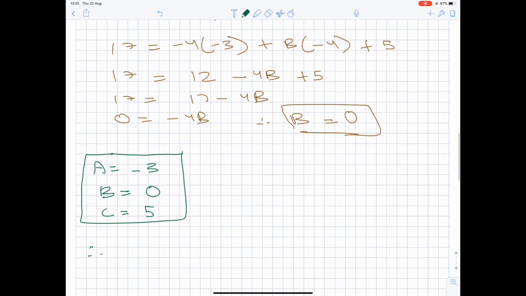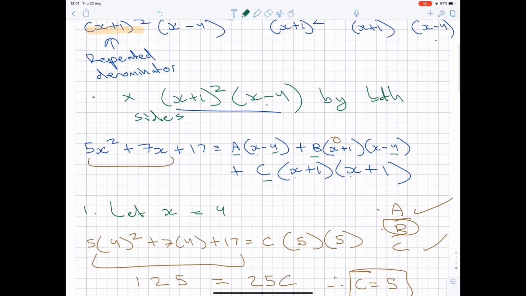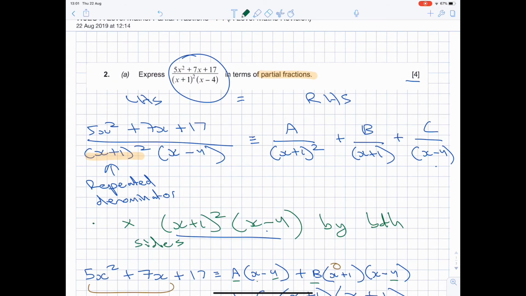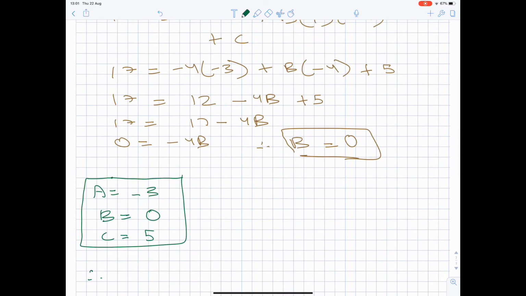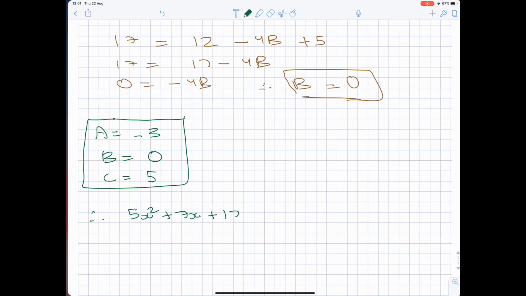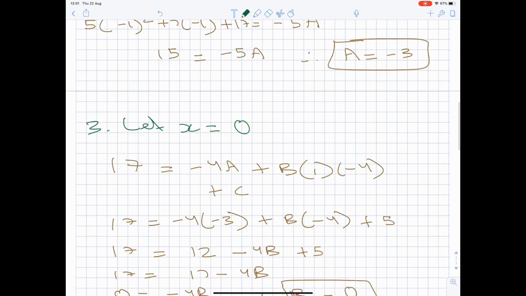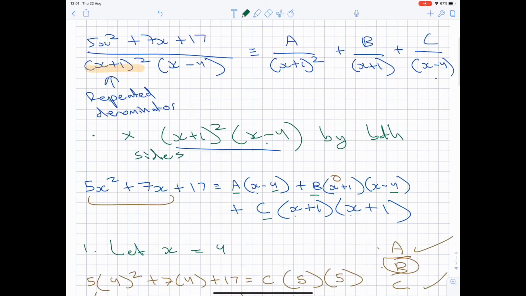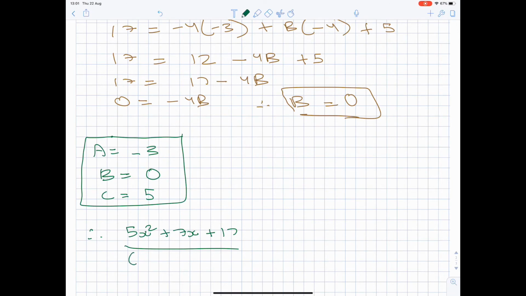If we go back to the question, we could see we had 5x squared plus 7x plus 17, so I'm just going to write that here again. 5x squared plus 7x plus the 17, and on the bottom we had x plus 1 squared, x minus 4. I'm going to use the identity symbol we've been using in this video, and I'm just going to put down what we've figured out.